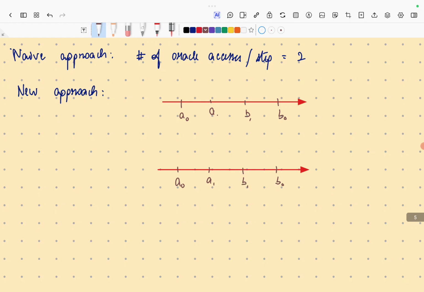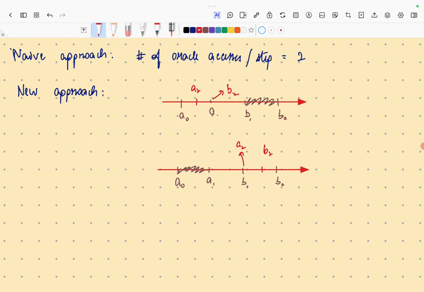Suppose in the first step I eliminated B1 to B0. I'm going to choose this to be my B2 and something to the left of it to be my A2. Suppose on the other hand I eliminated this particular region, then I'm going to choose B1 to be my A2 and something here to be my B2.